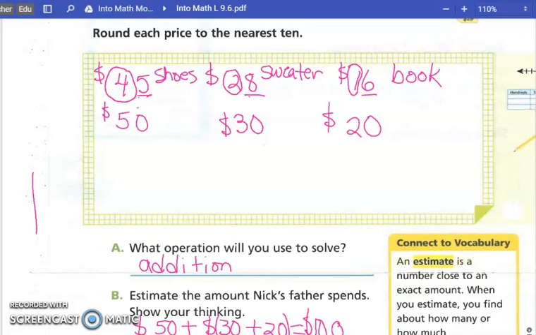We could do that, but could we look at this and say, well, 45 is $5 less than what we figured he would spend. And 28 is $2 more than what he would spend, and 16 is $4 more.